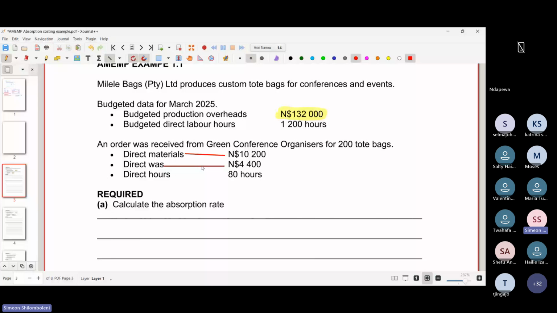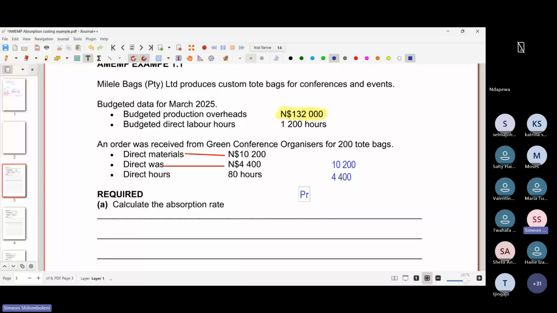You produce 1 bag, I pay you how much? You produce 2 bags, these are direct wages, 4,400. Now, like what we said before, if you just take 10,200 plus 4,400, we are going to get what we call prime cost.